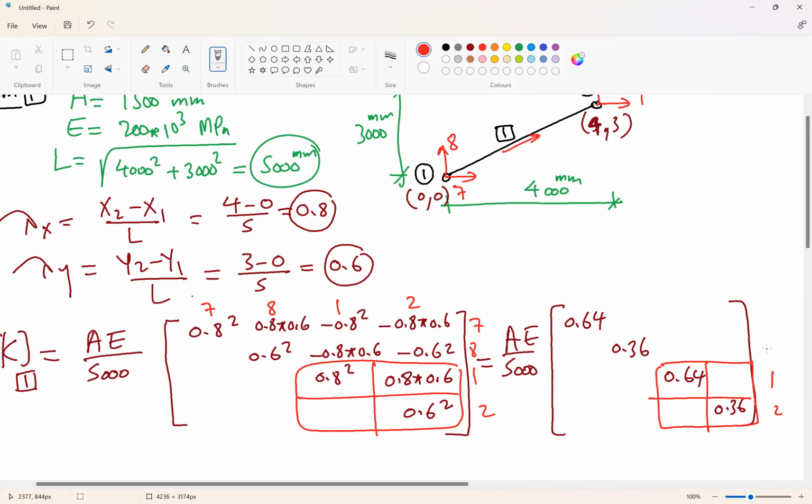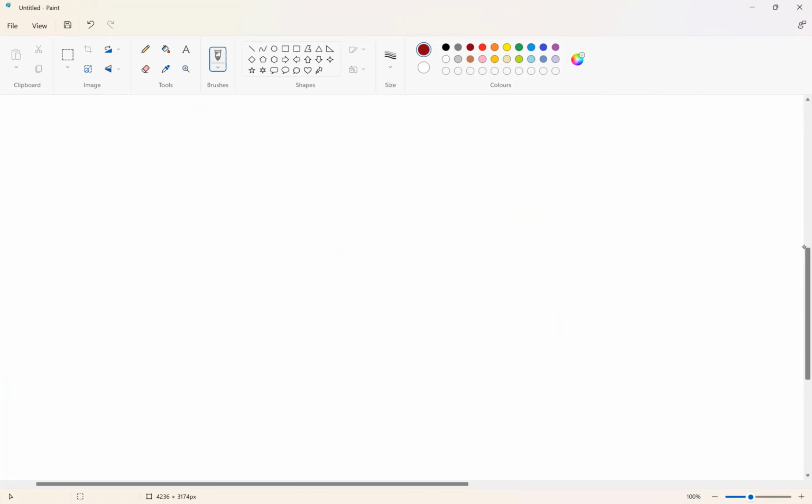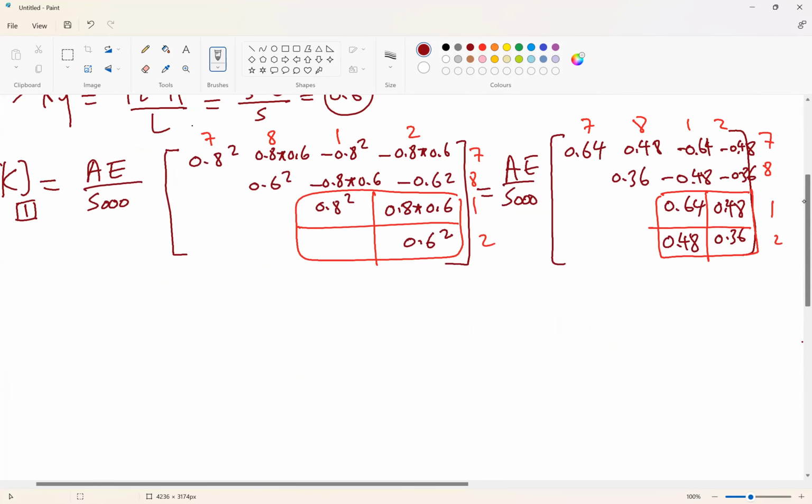If we complete this part, so it will be 0.48, negative 0.64, negative 0.48, negative 0.48, negative 0.36, 0.48, 0.48. So this is the stiffness matrix for member 1.